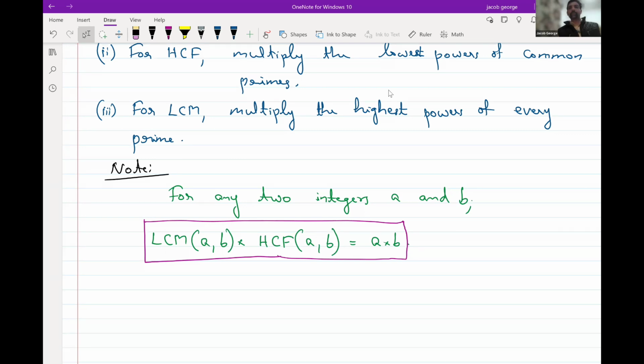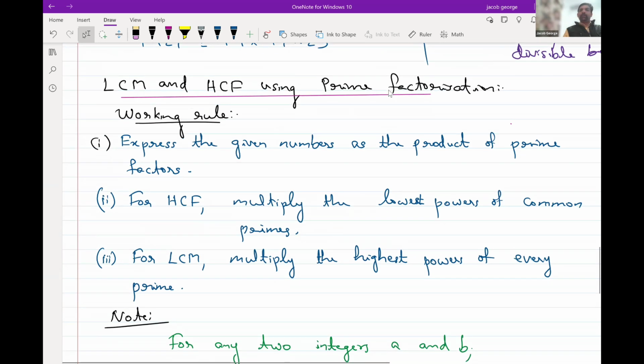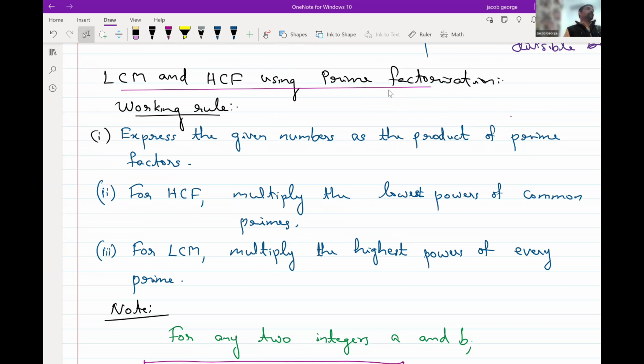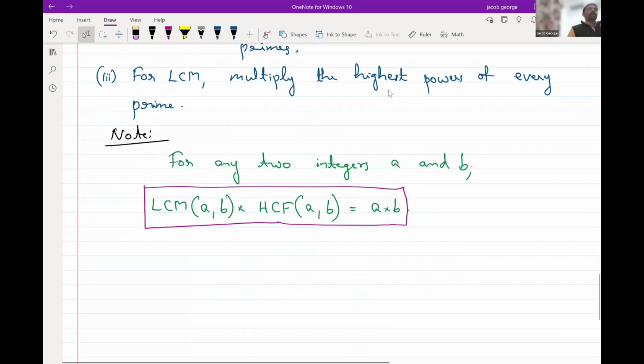Now the examples when I explain, you will understand it clearly. Based on this topic, sure questions will be there in the examination. Finding LCM and HCF, verification, all these are very important.